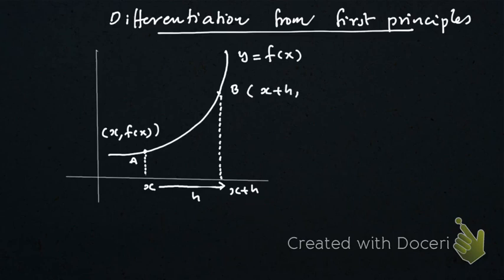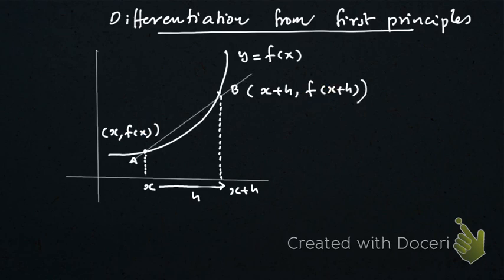And the corresponding y-coordinate will be f of x plus h. Because if the x-coordinate is 2, the y-coordinate would be f of 2. If the x-coordinate is x plus h, the corresponding y-coordinate will be f of x plus h. So I know the coordinates of B as well.